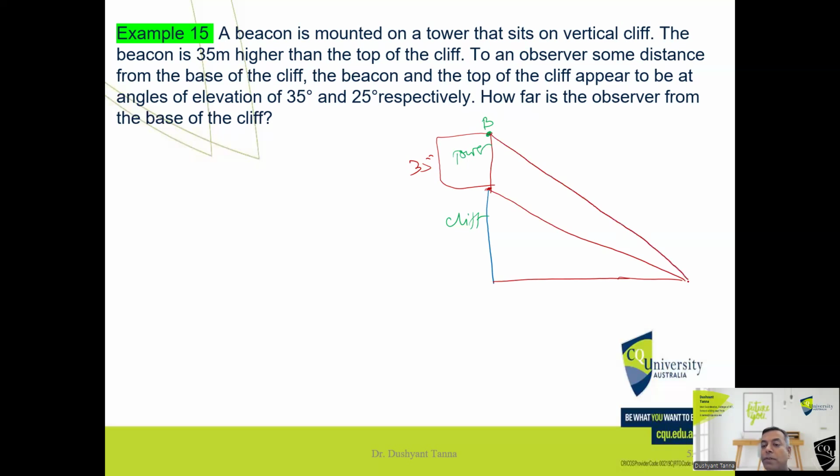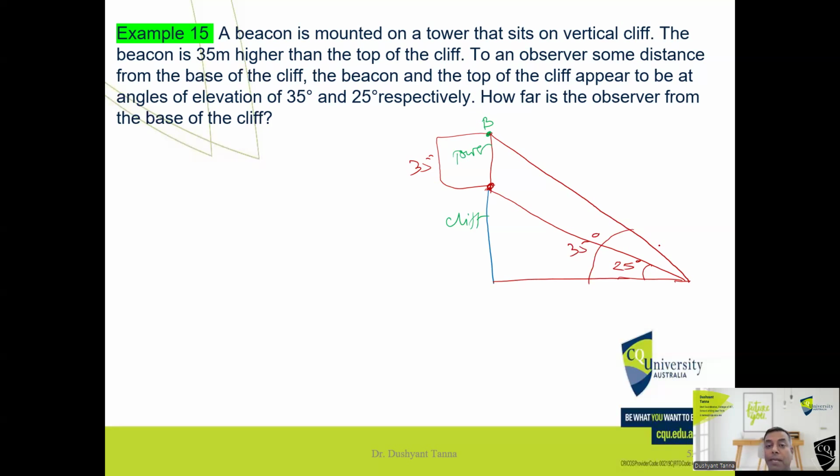The observer is making two observations. How do you know two? The beacon and the top of the cliff. So that's the top of the cliff and that's a beacon. 35 and 25. The smaller is 25. The larger is 35. Now this additional 10 degree doesn't help you because that triangle is a non-right angle triangle.